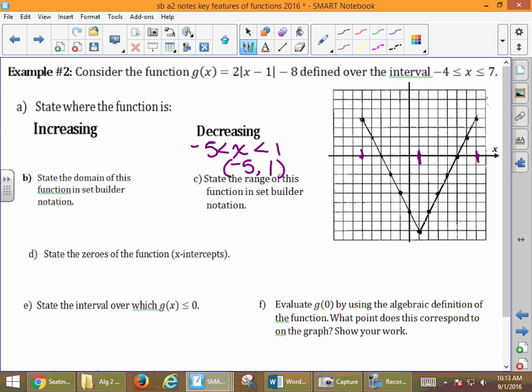We're starting when x is 1. We're finishing 1, 2, 3, 4, 5, 6, 7 over here when x is 7. And all of those values in between 1 and 7 are where we are increasing. If you prefer, it's going to be 1 to 7.